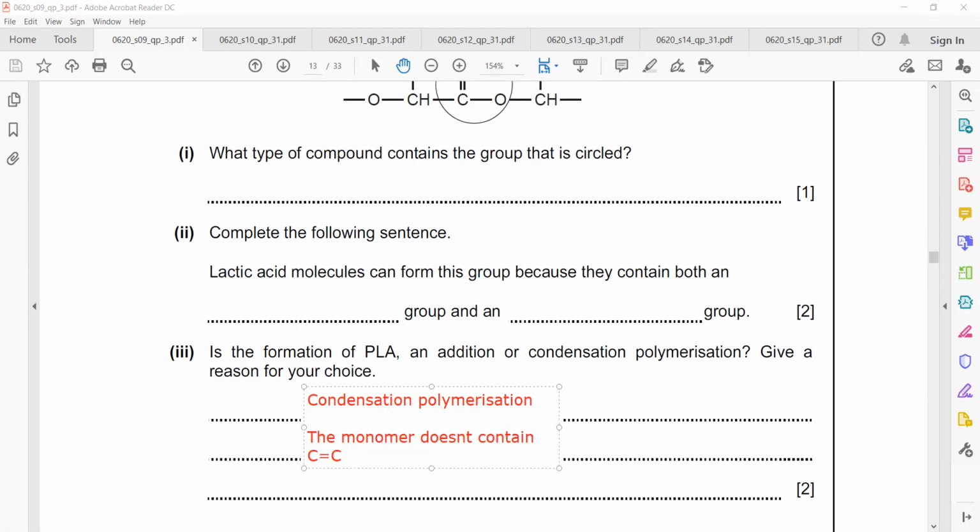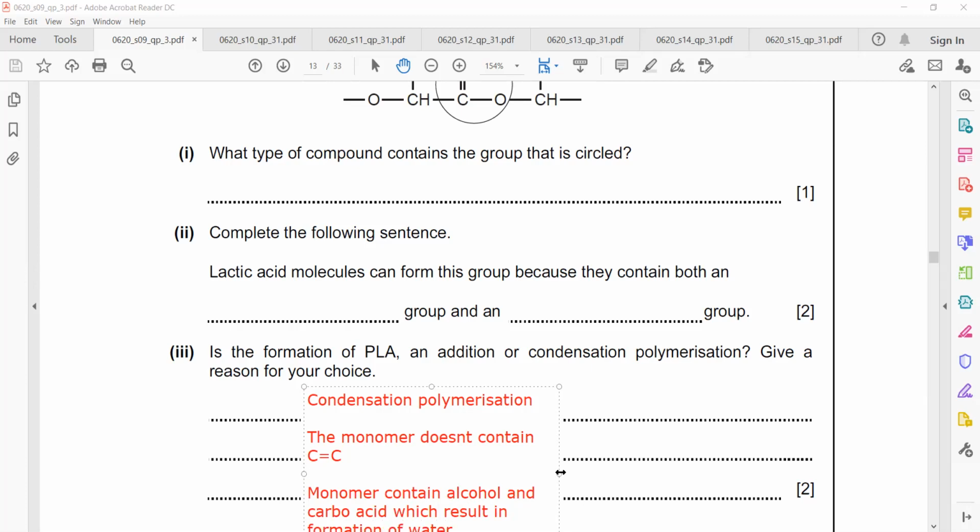Or you can also mention, this is one way you can write, the monomer contains alcohol and acid, the carboxylic acid, which results in formation of water.